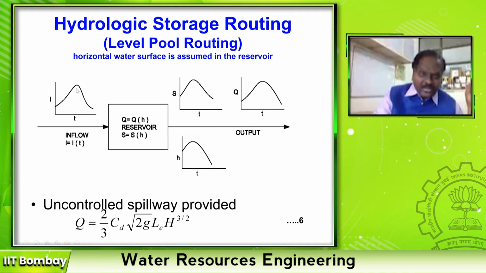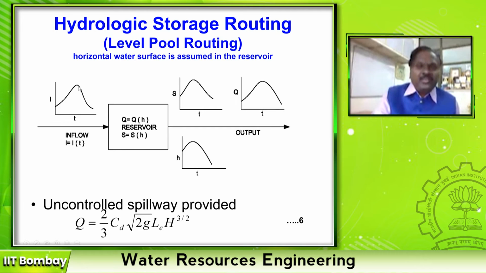Then with the help of these three curves, that means the inflow curve, the storage curve, and the depth of water, I have to find out the discharge curve. How much discharge do I need to release?